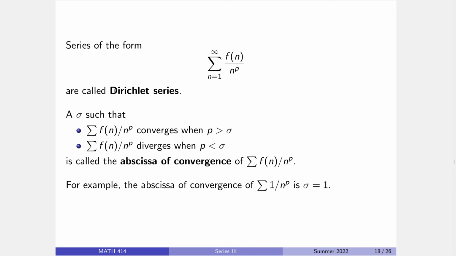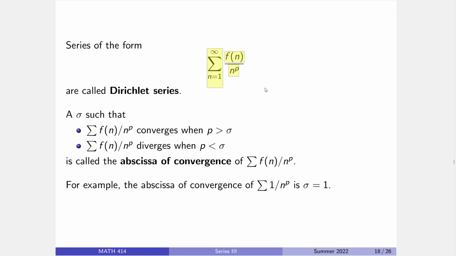So when you're studying these things, this is primarily what you're after. Now, of course, if f sub n is any arbitrary function, good luck finding the abscissa of convergence. But for certain ones, the abscissa is known. For other functions, there's a neat little unsolved problem. You may know where this is going, but if you don't, Dirichlet series show up in a branch of math called analytic number theory.